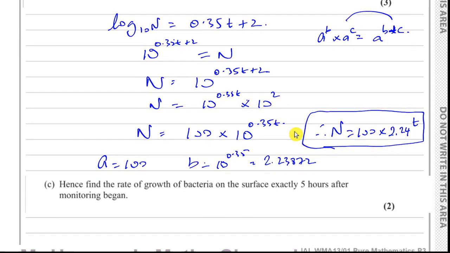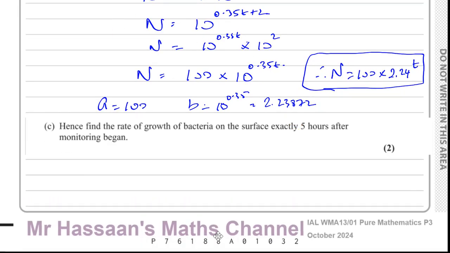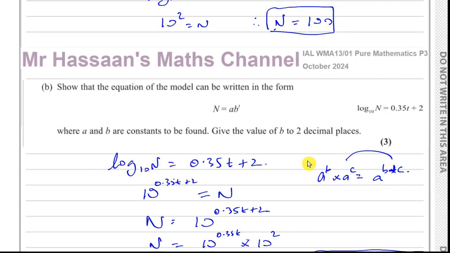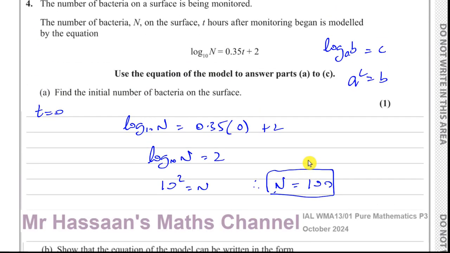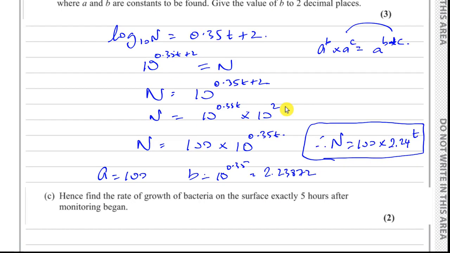And then part C says, hence find the rate of growth of bacteria on the surface exactly 5 hours after monitoring began. So they want us to use the model here. We need to find the rate of growth of bacteria.